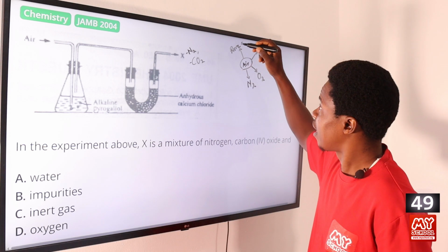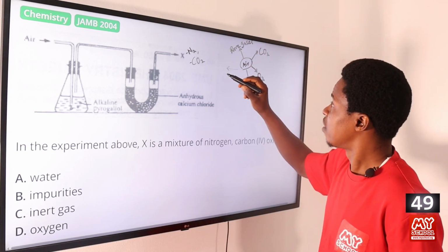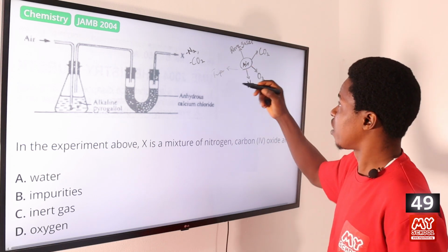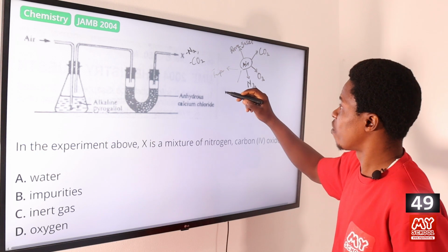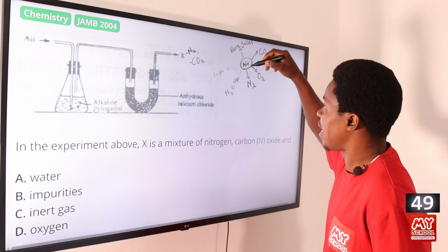Rare gases or inert gases, they are the same thing. And then we have impurities, and so on and so forth. Then we have water vapor also.